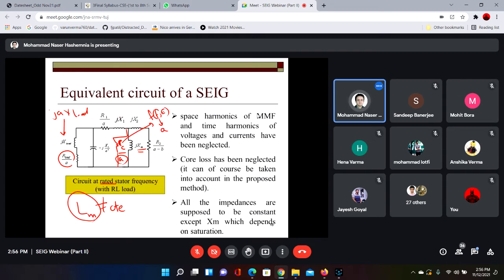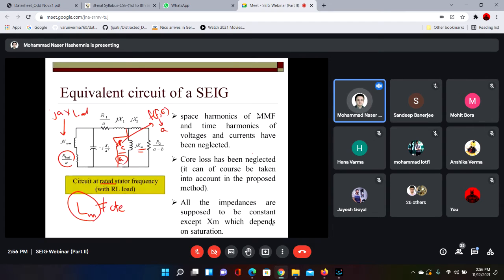For example, an induction motor which is controlled by an inverter, we assume that we have constant XM. Why? Because in that case, we are keeping the ratio of voltage to frequency constant. So we have almost constant air gap flux. So we can assume that XM is constant. But in this machine, we cannot assume that we have constant XM. So we don't know the value. We will have to calculate it.